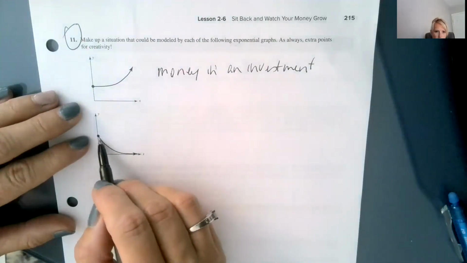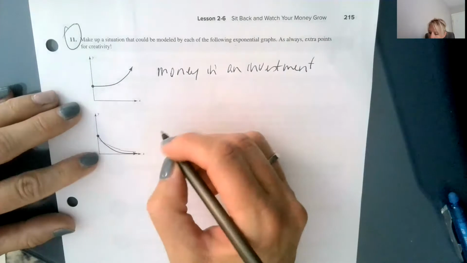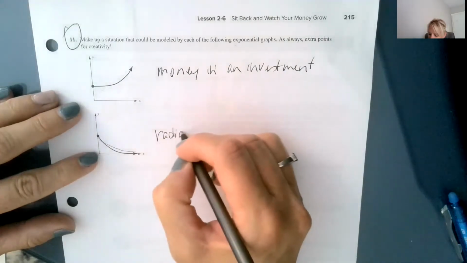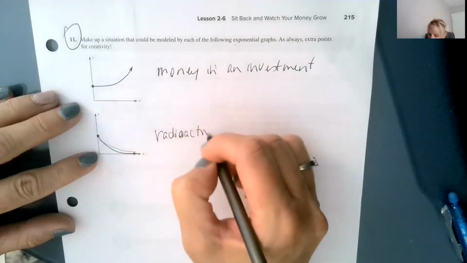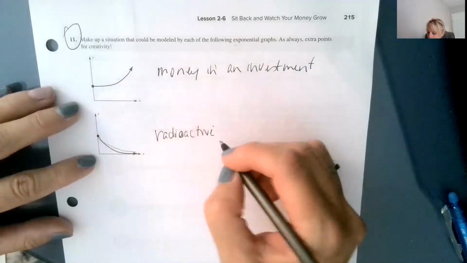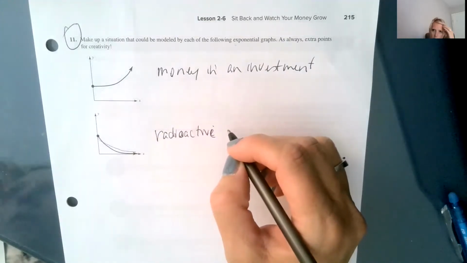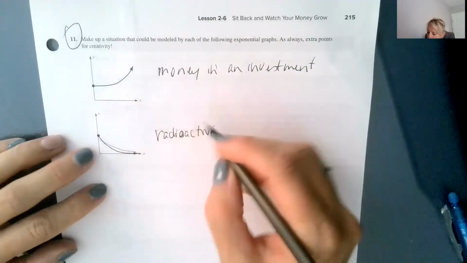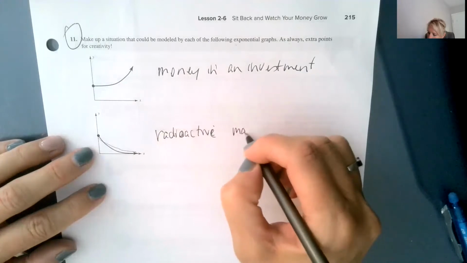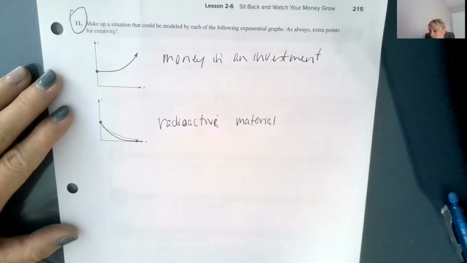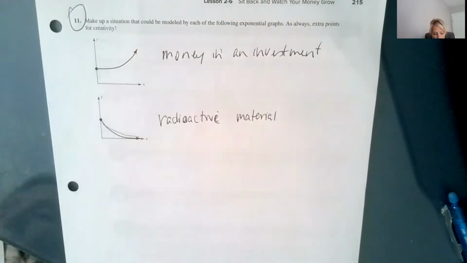Something that starts out at a value and decays, radioactive material. So when you go to have different medical procedures, sometimes they inject radioactive material in you so that they can put you in a machine and read what's going on, that decays exponentially. So those are a couple of ideas. I'm sure you have lots on your own as well.